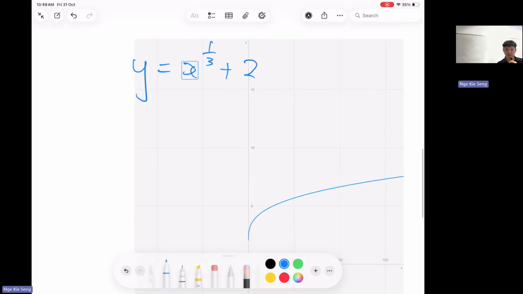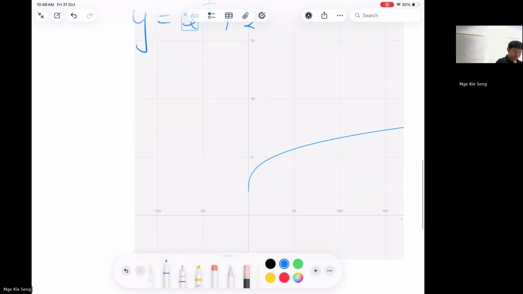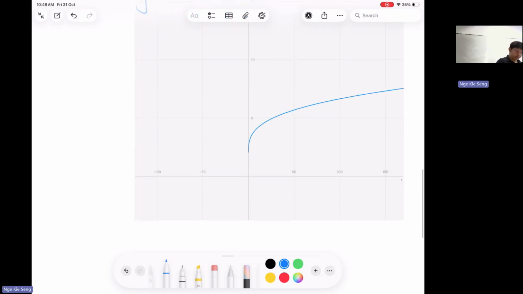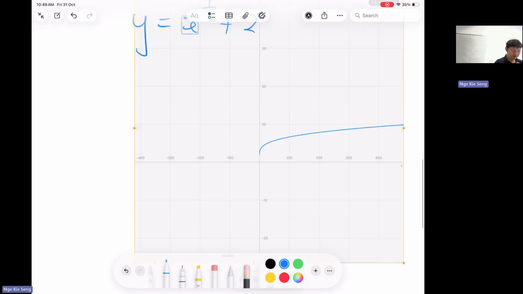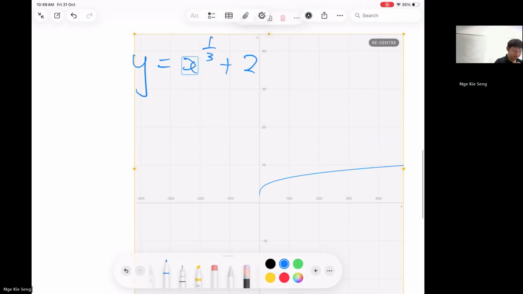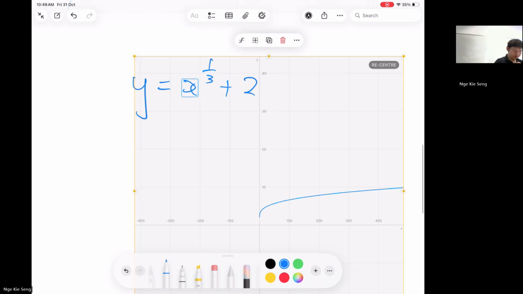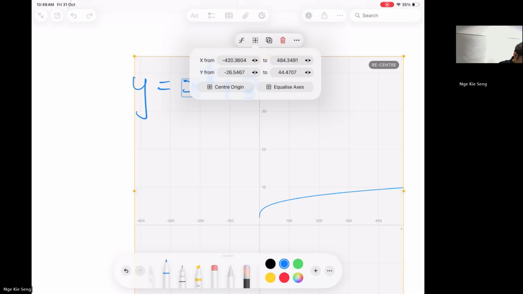Is it not defined on the other side? It should be defined, right? Why is there no other side? Okay, where's the other side? How come? Let's see.